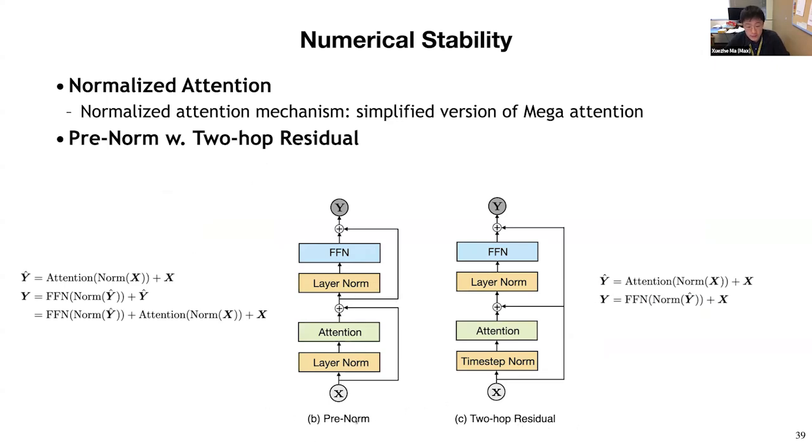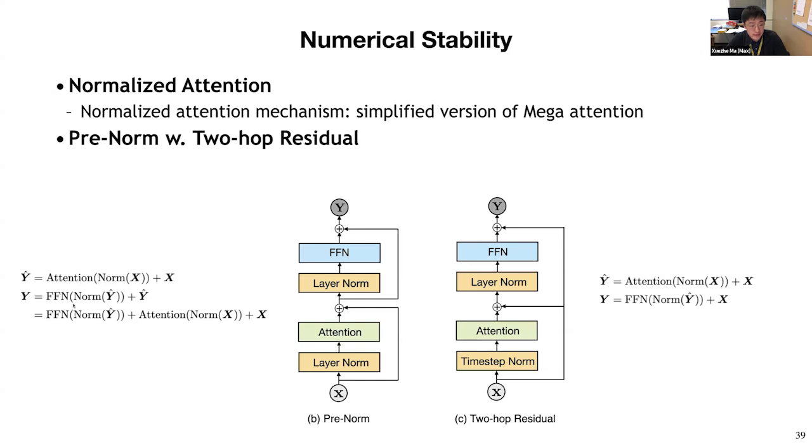Here is the standard pre-normalization, where for each input X, we first do normalization and attention, and then we add the residual connection, and then we use the updated output as the input of the FFN component. For the FFN component, it also first does layer normalization and FFN, and then we add the new residual connection.